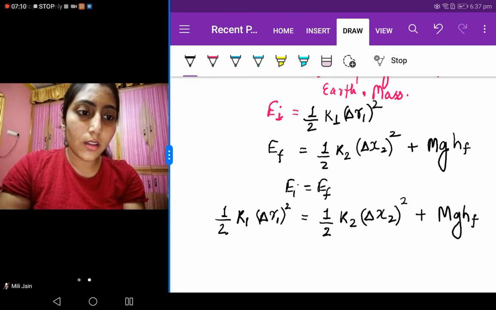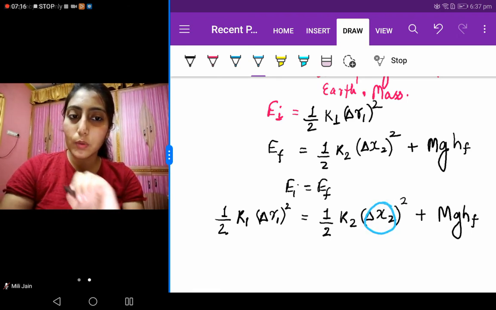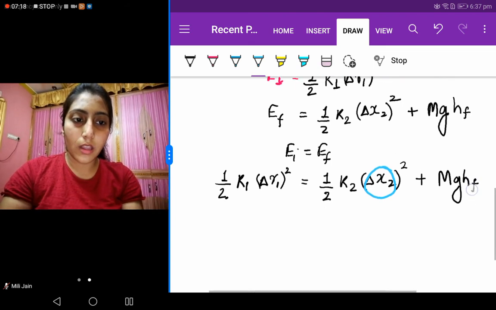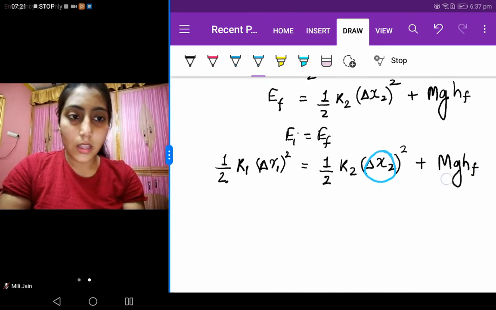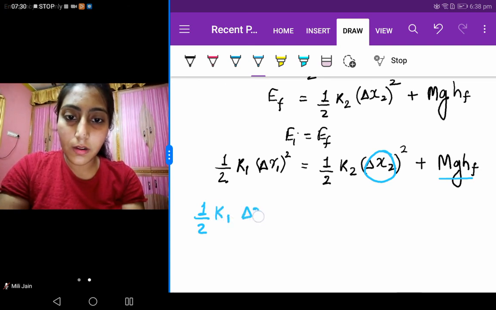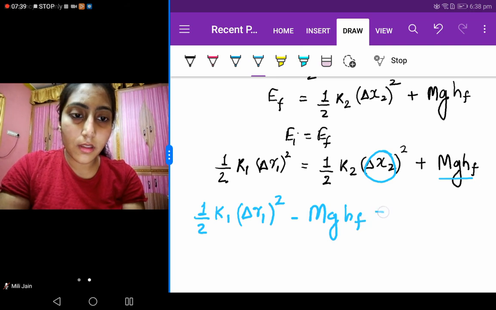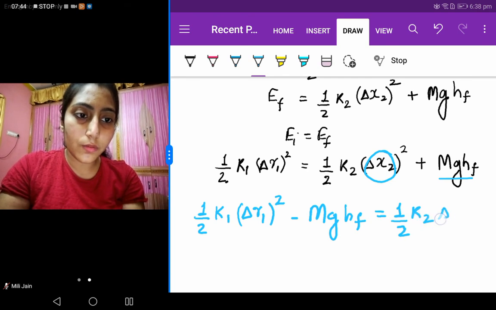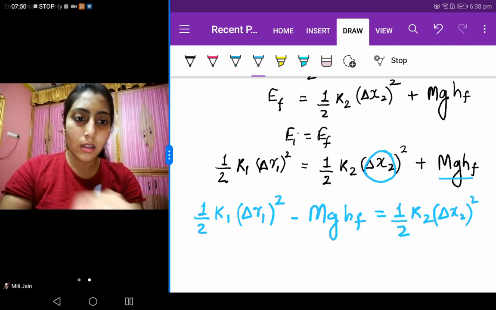All right. So here we need to find delta x2. This is just algebra. I'm going to isolate delta x2. I'm subtracting the m g hf quantity from both sides. So this is going to be half K1 delta x1 squared minus m g hf equals half K2 delta x2 squared. Then what we will do next?